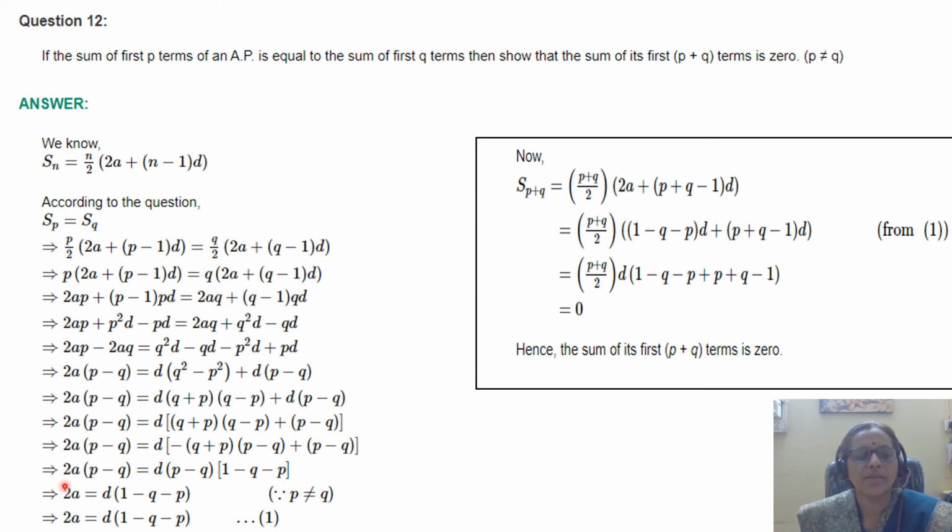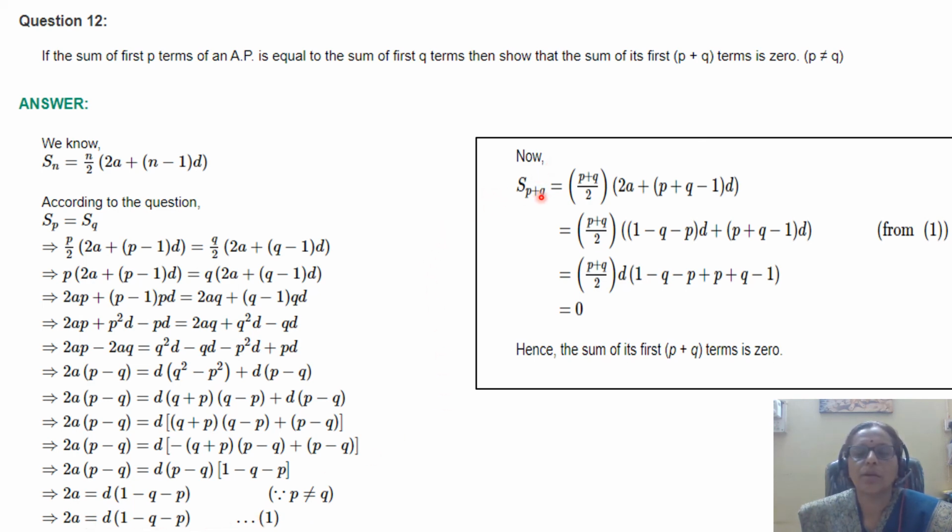So here, observe, 2a is equal to, we can cancel p minus q, d times 1 minus q minus p. P and q are not same. Okay, label it as equation 1.